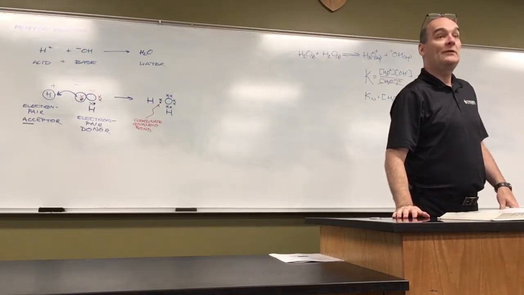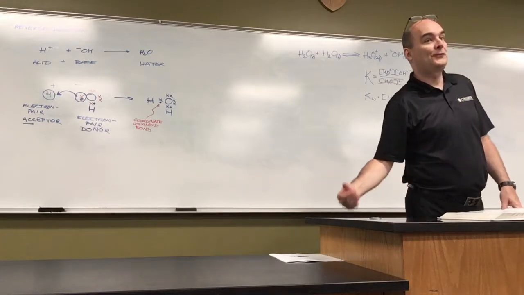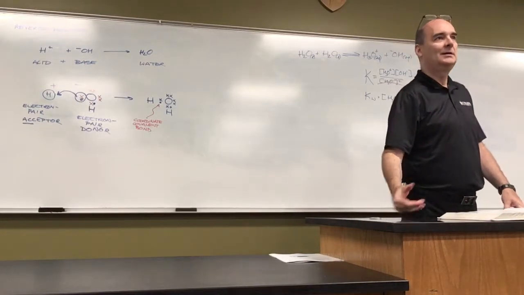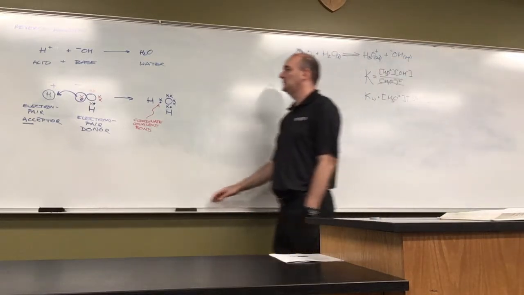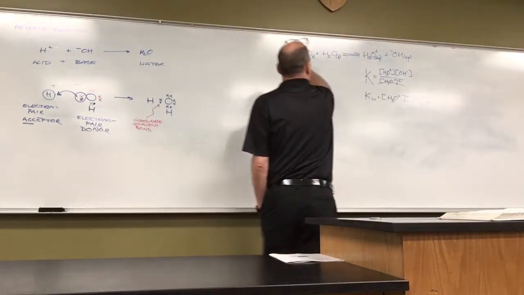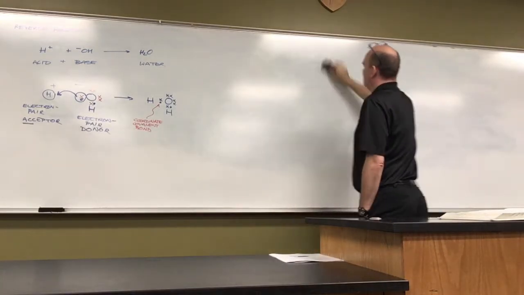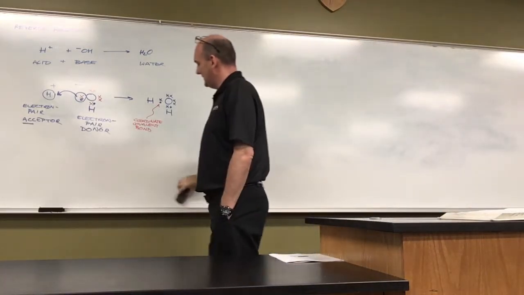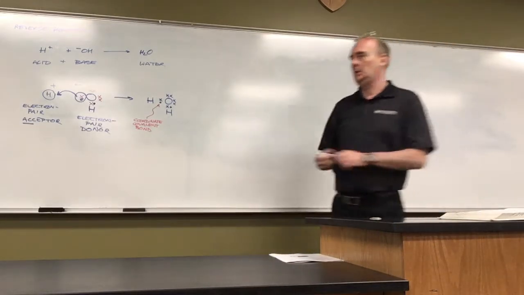Okay, so we have a number for this. That's our first key into quantifying acid-base behavior. Kw has a value that is 10 to the negative 14. Okay.